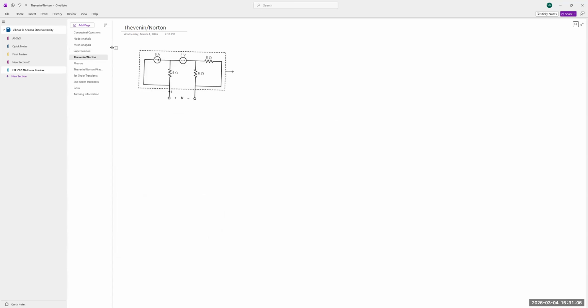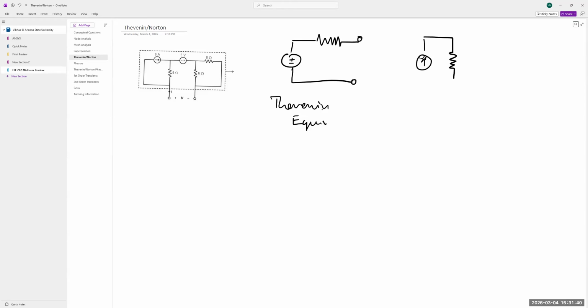All right, let's move on to Thevenin and Norton theorem. So this question requires you to reduce the circuit into either something like this, which we call the Thevenin equivalent, or the Norton equivalent, which looks like this: a current source in parallel with a resistor.